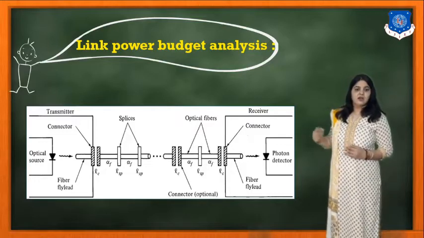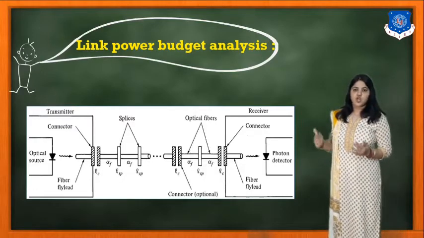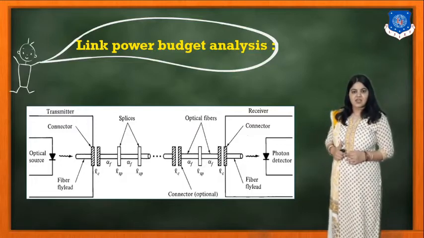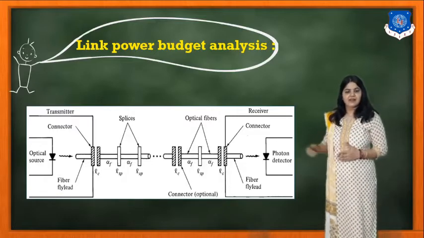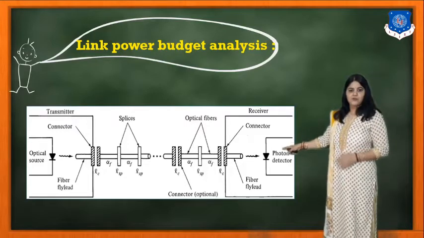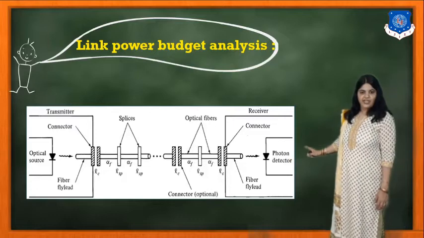When you want to join two fibers, you need to do splicing, so you can see the splices. At the other end, another fiber cable is there, and a fiber fly lead connects it to the photodetector.